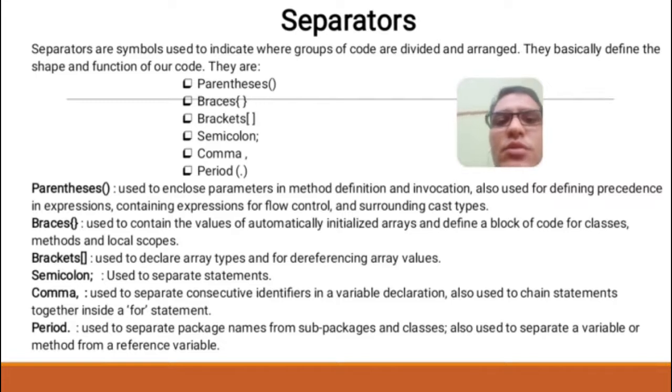So there we have used the bracket to define the array types, and it is also used for different array values. So you can access the location of subscripts, in the sense that you are accessing the values of those arrays.